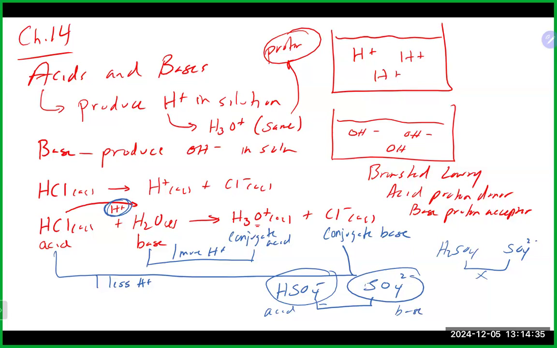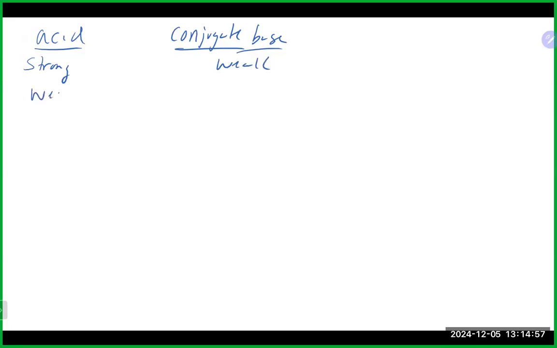We saw and talked about the relationship between these things, and when we have an acid and its conjugate base, the relationship is if we have a strong acid, its conjugate base will be relatively weak. And if we have a weak acid, its conjugate base will be relatively strong.